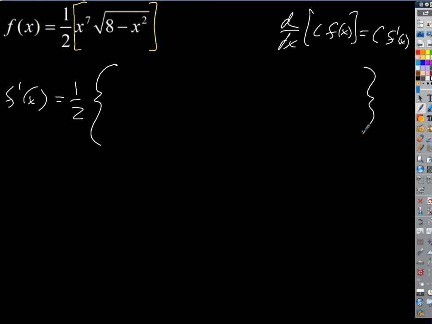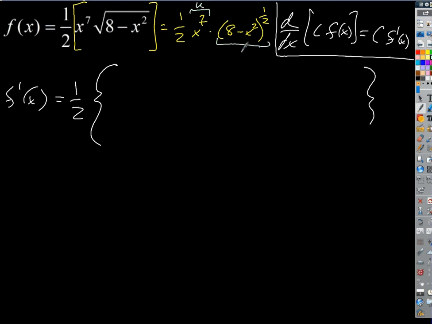So we could think about this function as 1/2 x to the 7th times the quantity 8 minus x squared to the 1/2, right? Okay? And so we're suggesting that this could be our u, and that's our v, right?